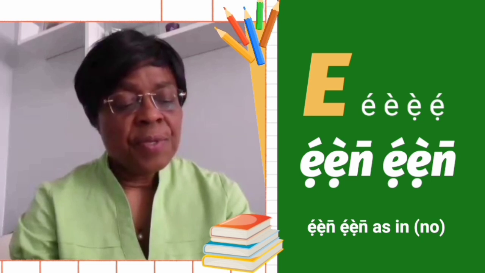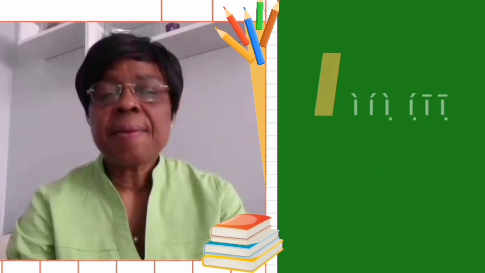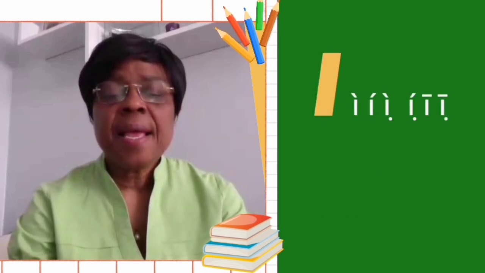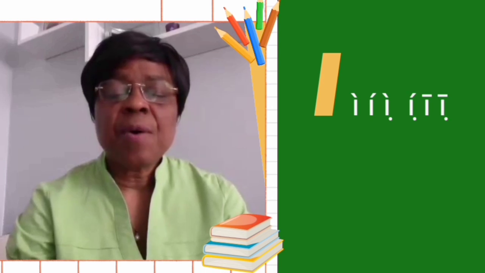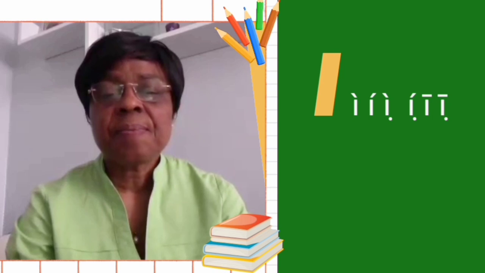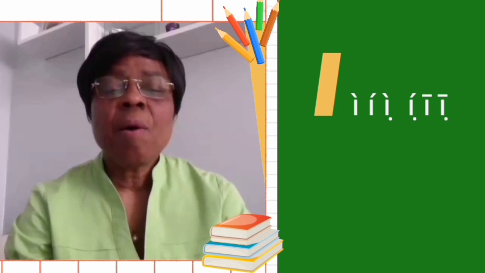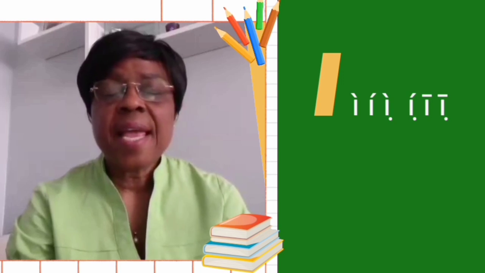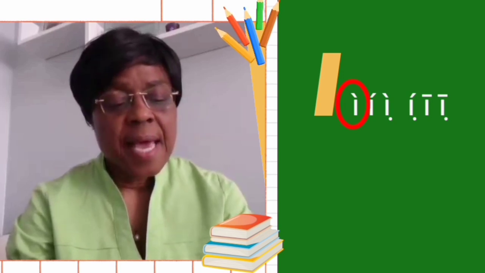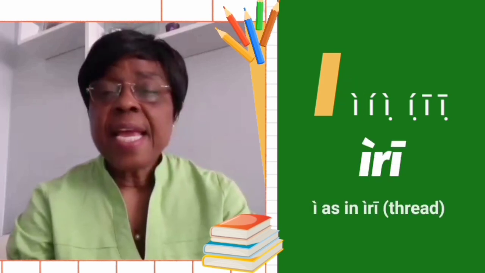We'll now go for the vowel sound E in Kirikeni Okwein. E is one of the sounds for letter I in English. In Kirikeni Okwein, it's either E or A. An example of E would be iri.